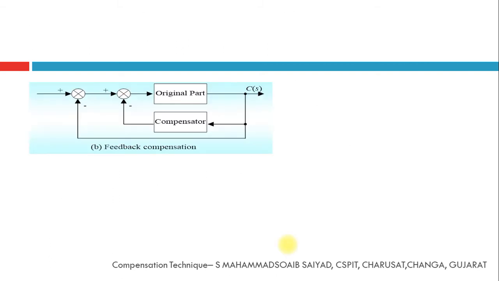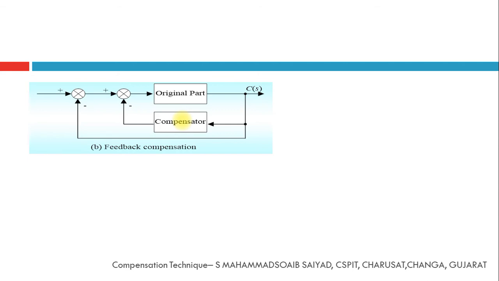Another type is feedback compensation, where you have the original plant part and the compensator part in the feedback path.